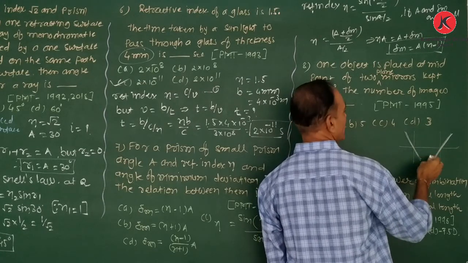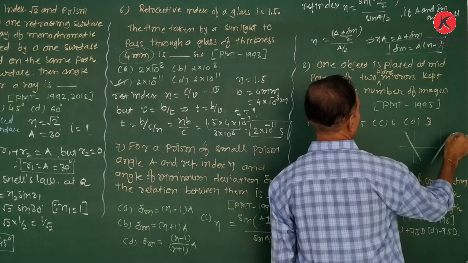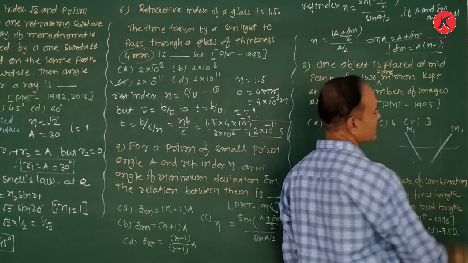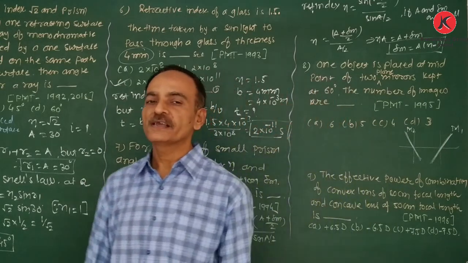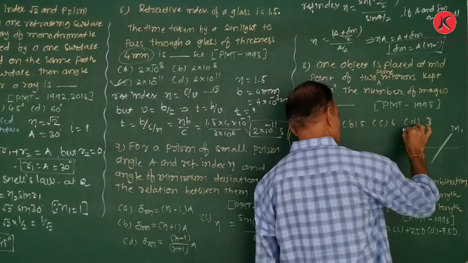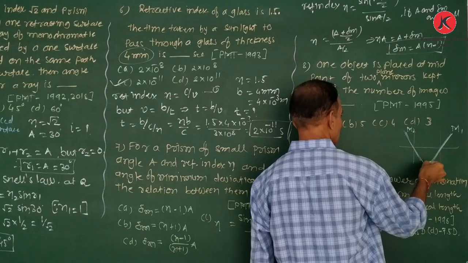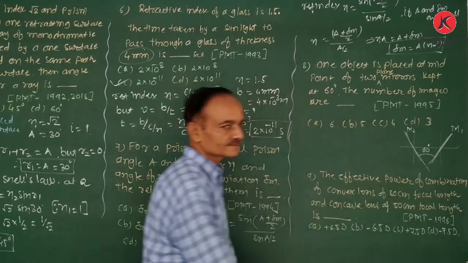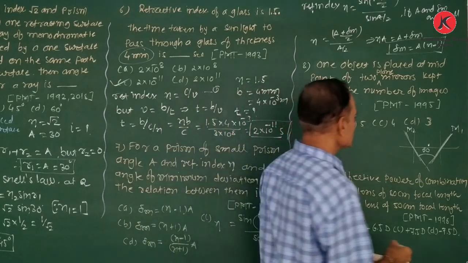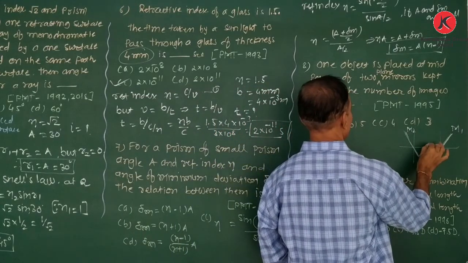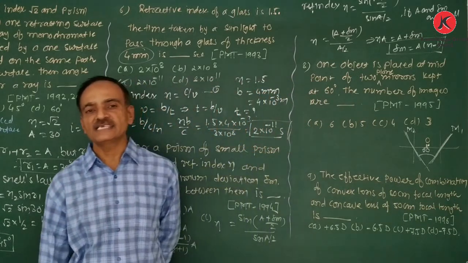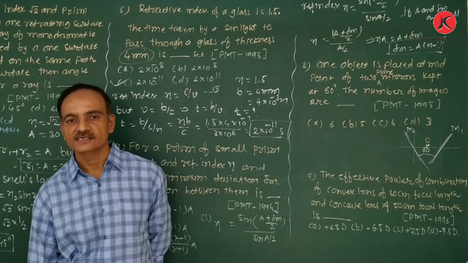Therefore, the total angle between these two plane mirrors, mirror 1 and mirror 2, is 60 degrees with respect to each other. And we extend this mirror on this side and this side, so this angle is 60 degrees. One object is placed at the midpoint between them. So how many images are formed by these two mirrors?